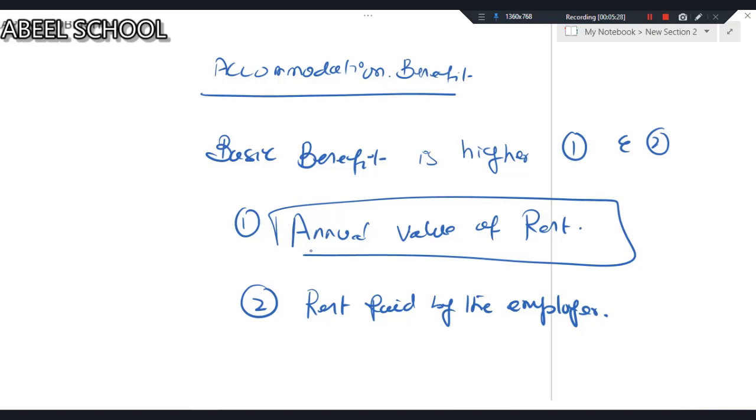So you are living in that accommodation and the employer is paying the rent. In that case, the basic benefit is higher of annual value of the rent and rent paid by the employer. It will be clearly mentioned in the question whether it is the own property of the employer or rented, and if nothing is mentioned, you will always assume it is the owned property of the employer.